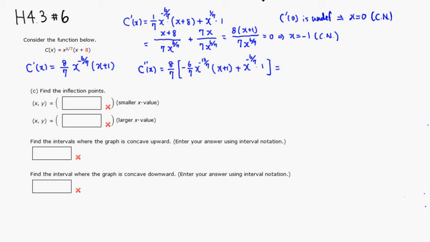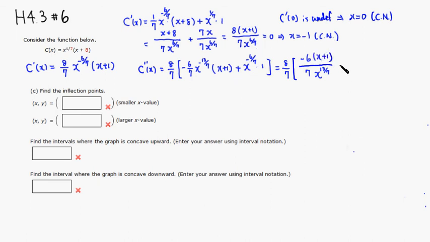Then we just have to rewrite this. So 8/7 is still out there. This is negative 6 on top, and 7 on the bottom, x to the 13/7 on the bottom, then you have x plus 1.